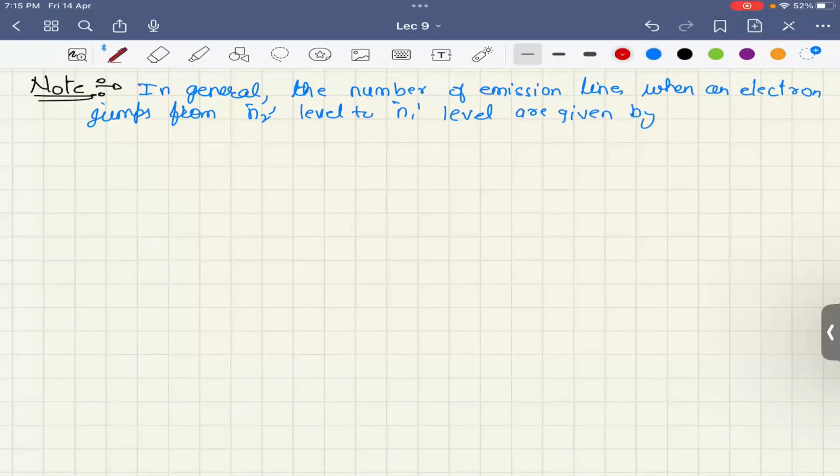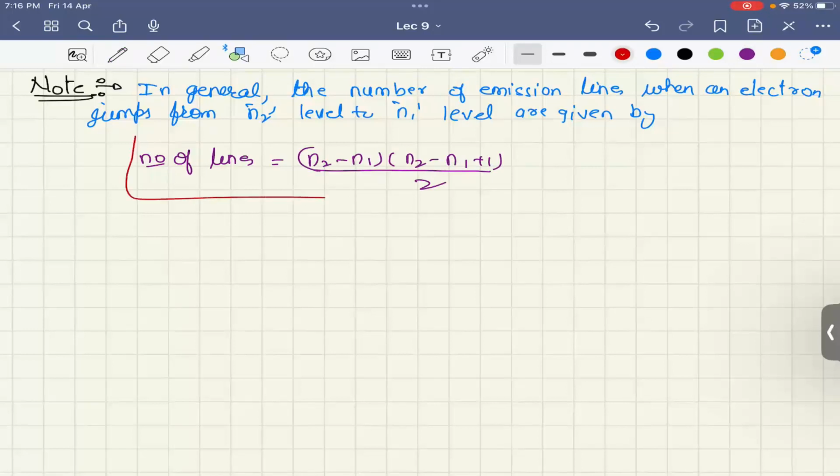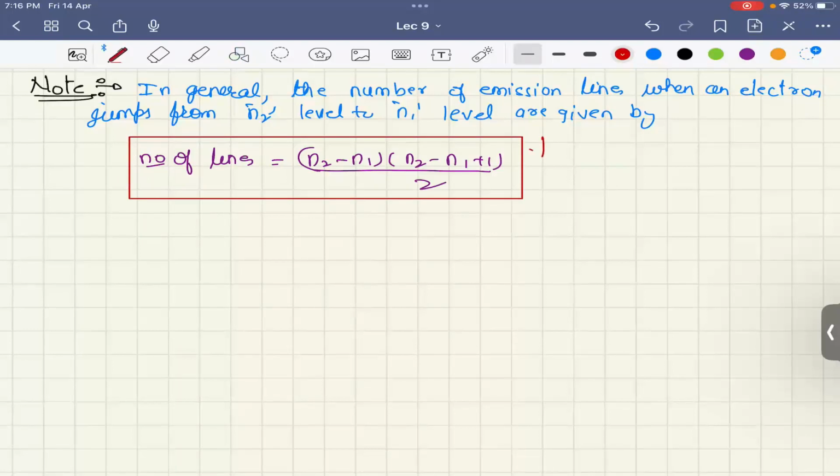This is the expression for the number of lines: (N2 minus N1) into (N2 minus N1 plus 1) divided by 2. This is a very important expression.